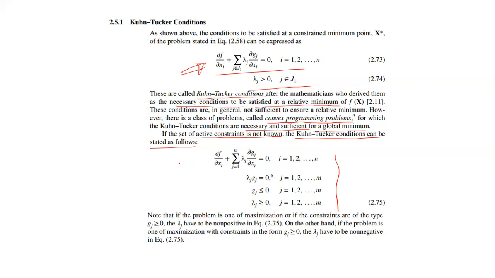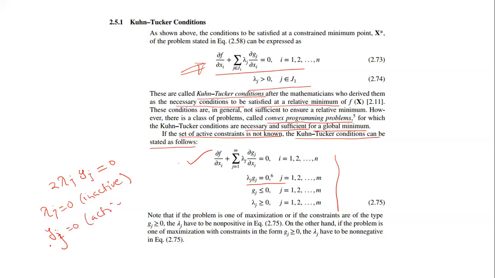So this is what we already know. It is nothing new. It is actually coming from this condition, that is, twice lambda j yj equal to 0. So lambda j equal to 0 is inactive, and yj equal to 0 is active.